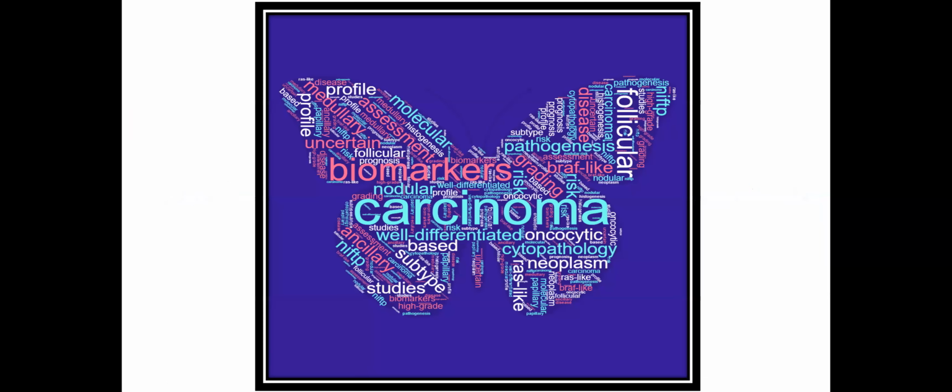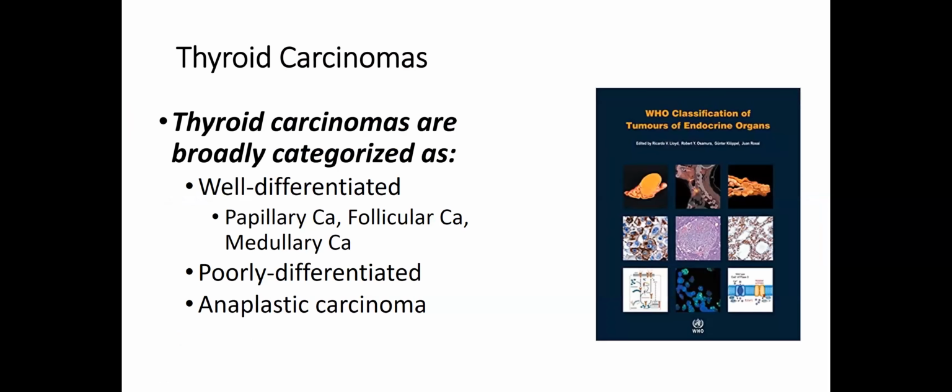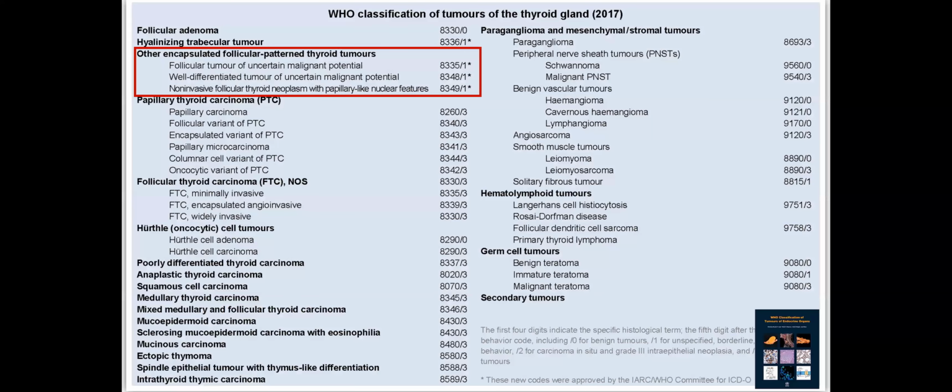So when you focus now on the new WHO classification scheme, which is coming out at the end of this year or early next year, everything again matters on how we classify these tumors on histology. In the prior edition, the tumors were categorized as well-differentiated carcinomas, poorly differentiated carcinomas, and anaplastic carcinomas.